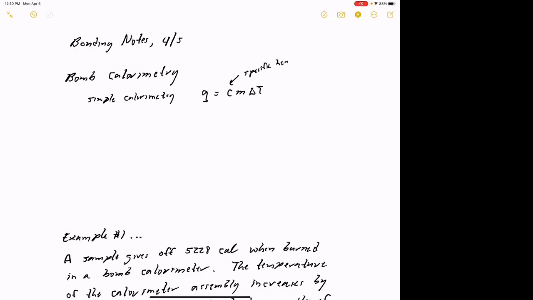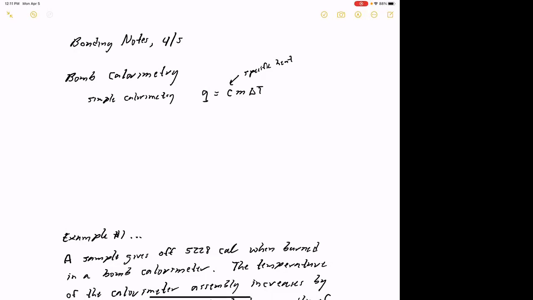If, for example, we had a substance that is absorbing heat from its environment or from the surroundings, the specific heat gives us a measurement of how many joules of heat absorbed it takes to raise 1 gram of that substance by 1 degree Celsius.